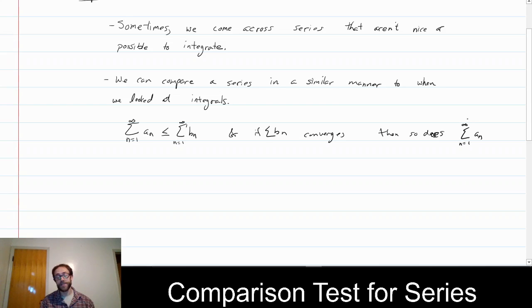So what this is saying is if we have something that converges and then we take something smaller than it, then the smaller thing also has to converge.